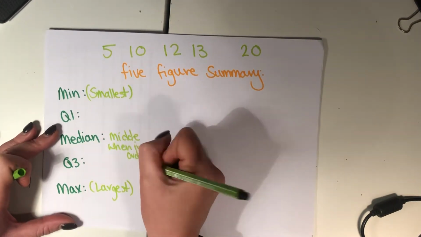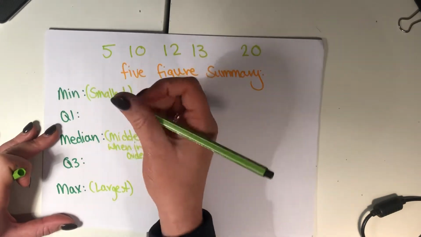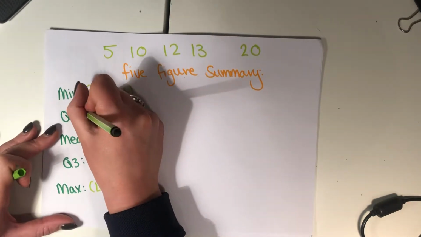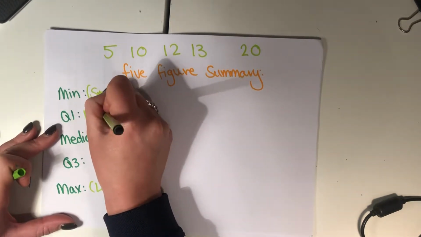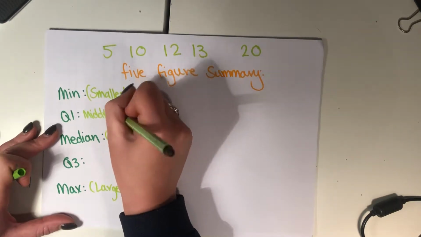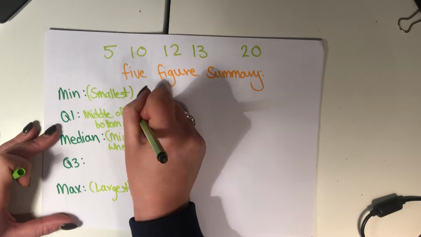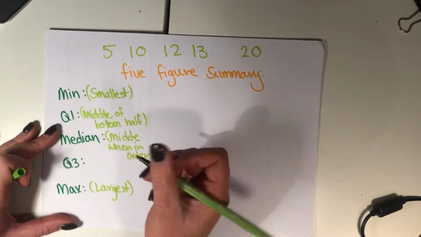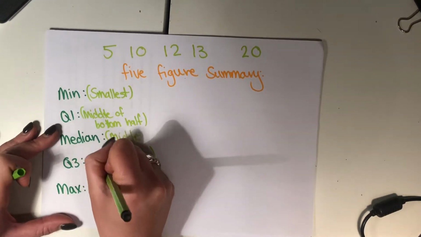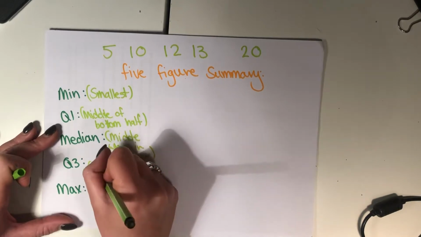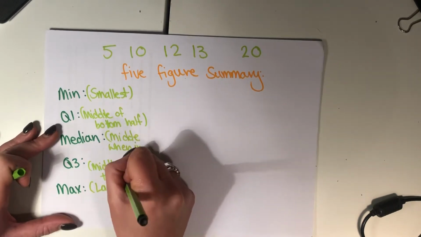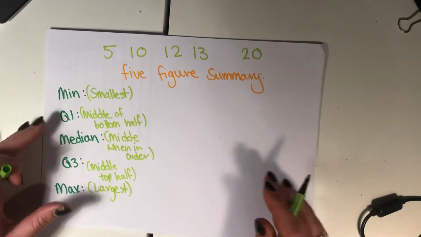All right. And your Q1 is the middle of the bottom half. And your Q3 is your middle of the top half. So if we were breaking them in half.